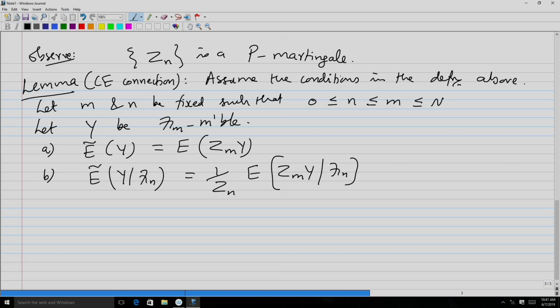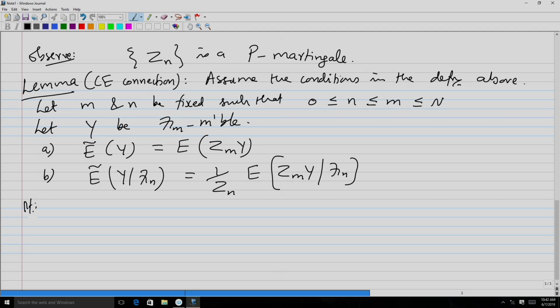As you see, the second part is more generic in nature, and if you take n to be equal to 0, then you get the first part. That is not really anything big, but the second part is the most generic, which is what you need to understand.